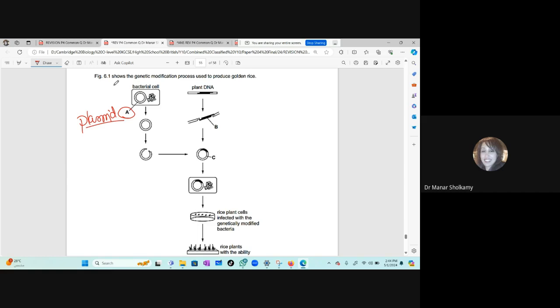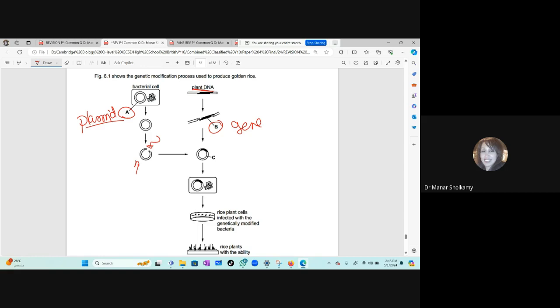Now this is a part of the DNA. Let's say I'm taking part of a DNA from a human because I want to make the insulin gene. What is B? I just gave you the answer. Human gene. Yes, very good. And then this is the plasmid. What did I do to it? Restriction enzyme.